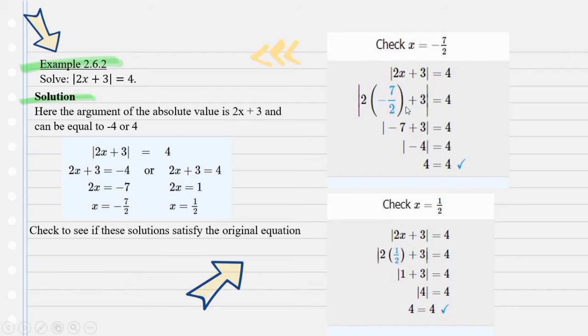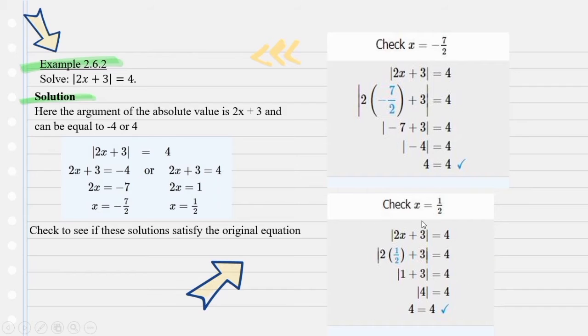Now you calculate: -7 plus 3 equals -4, so the absolute value of -4 equals 4. The absolute value of -4 is 4 because the absolute value is always positive.